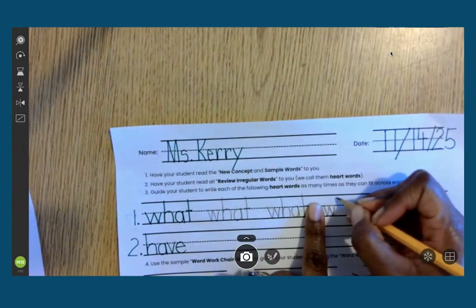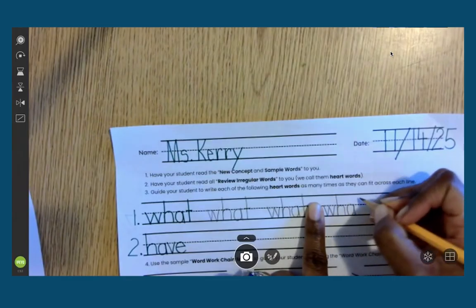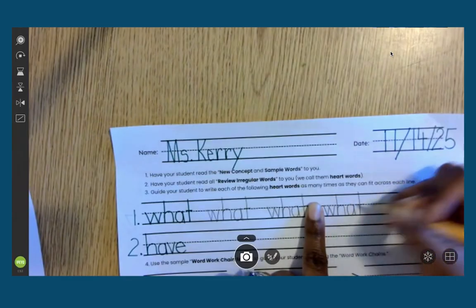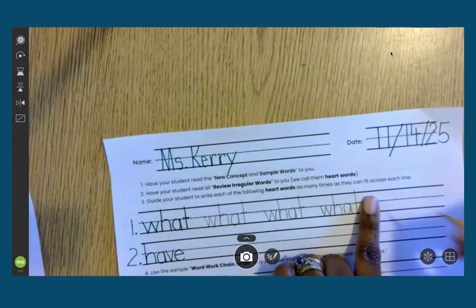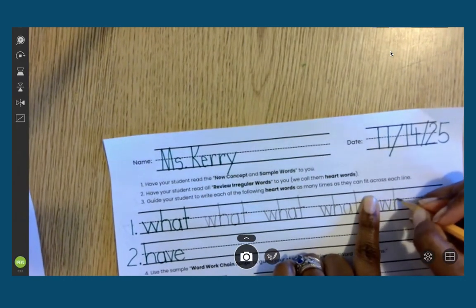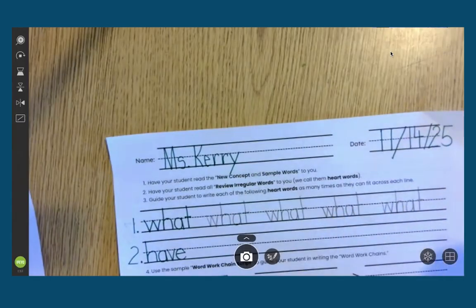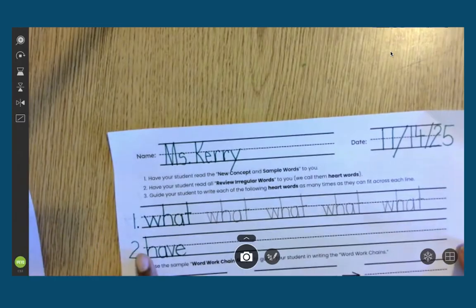W, H, A, T, what? W, H, A, T, what? And you will do the same thing for the second heart word that appears on your sheet each week.